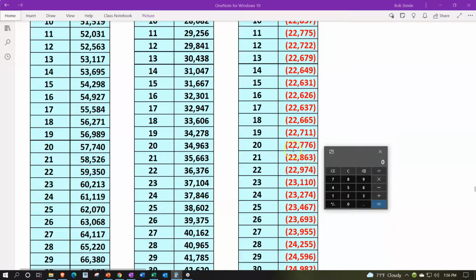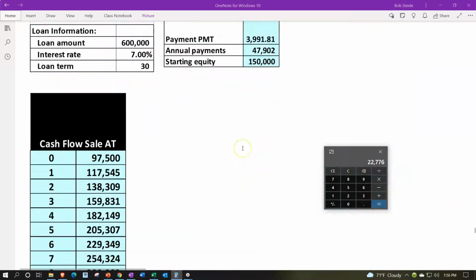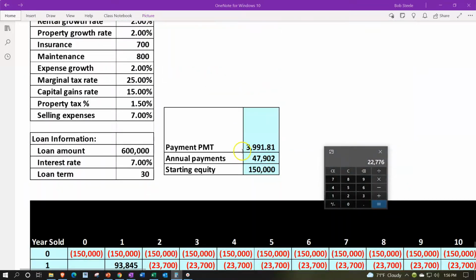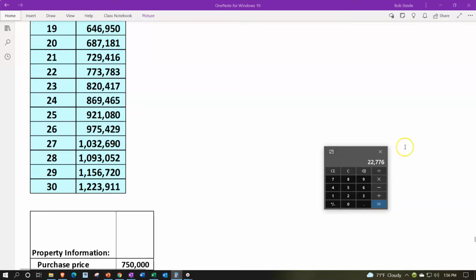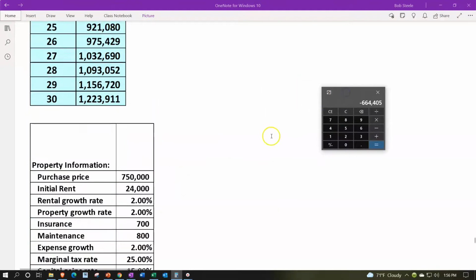So that's going to be the 22,776, and then this cash flow for year 20 minus the 687,181. That's giving us that 664.